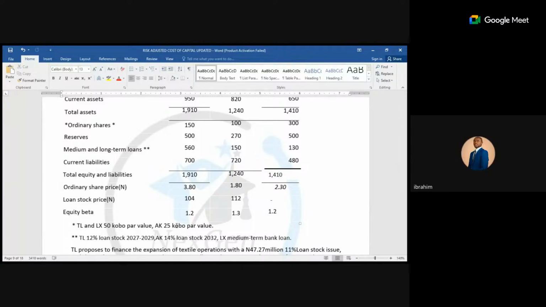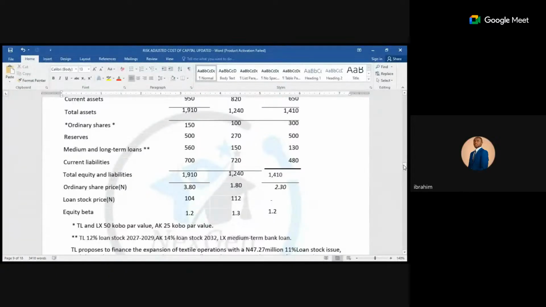Where did you see 100? We assume the nominal value is 100. Why did you assume that? What is the basis of your assumption? A debt is normally traded within or close to the nominal value, and since the market value is 112, we can assume that the nominal value is 100.